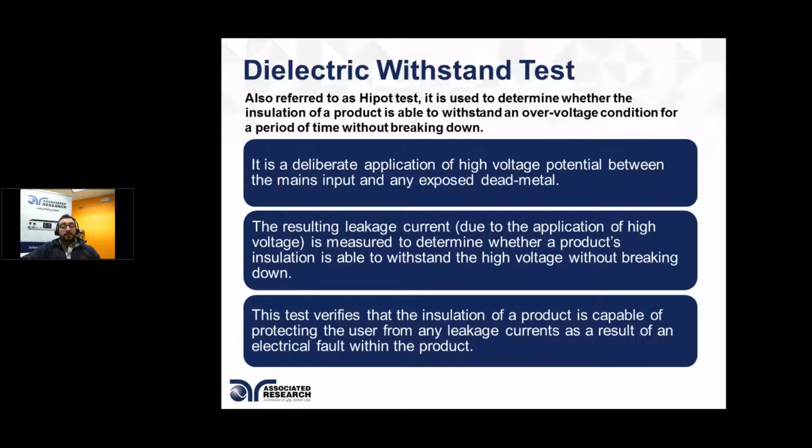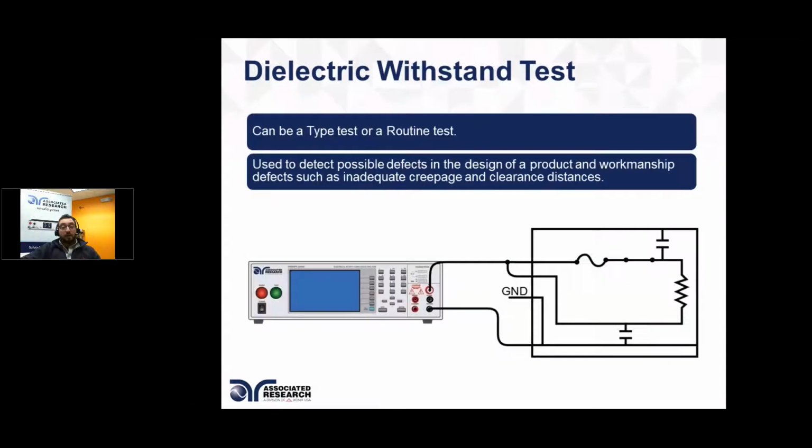So in a HiPot test, a few of the test parameters that you have to look at are obviously the test voltage, which is always going to be a very high voltage, and we'll look at some examples later of the type of voltage that's usually used for HiPot tests. But a quick rule of thumb for a HiPot test is twice the voltage rating of your product plus 1,000 volts.